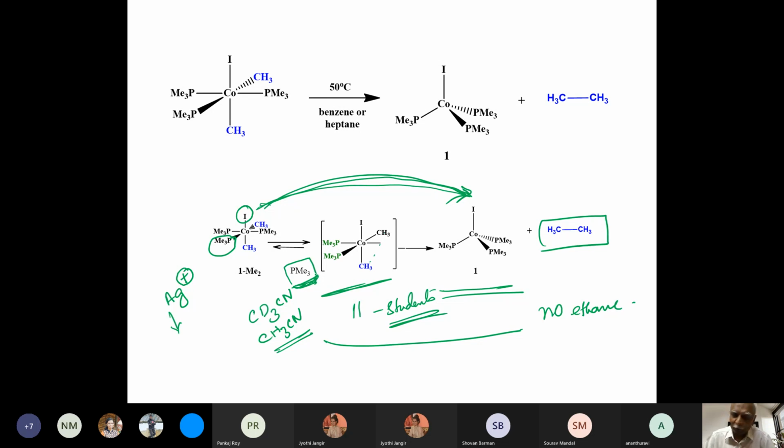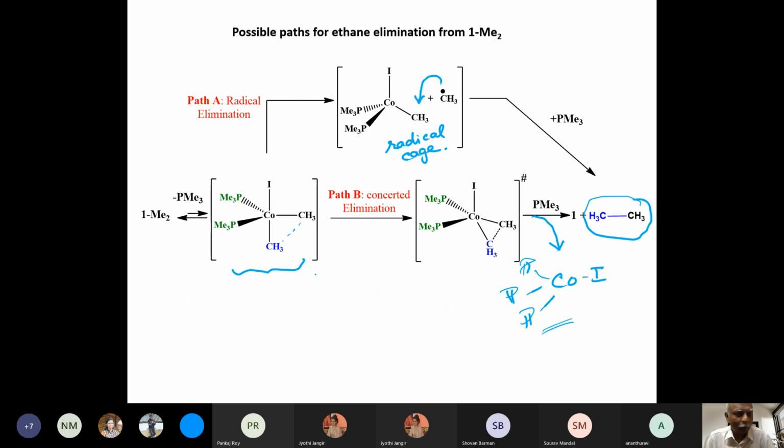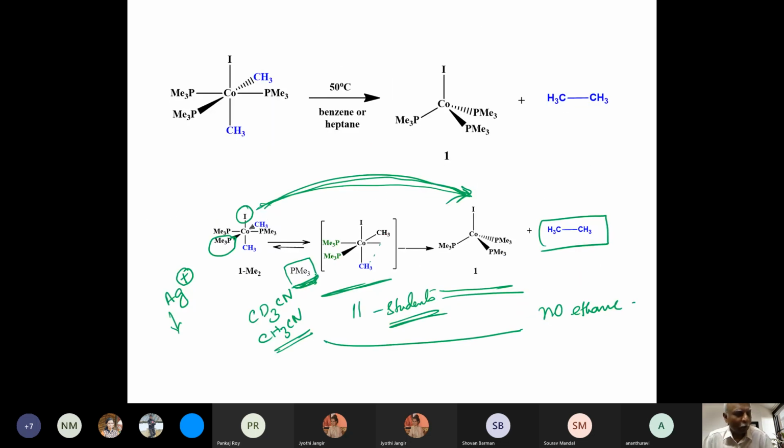So let's proceed. What they did was they added two equivalents or 5 equivalents of PMe3, excess PMe3, and they showed that the reaction completely stopped. If you do it in acetonitrile, reaction stopped.